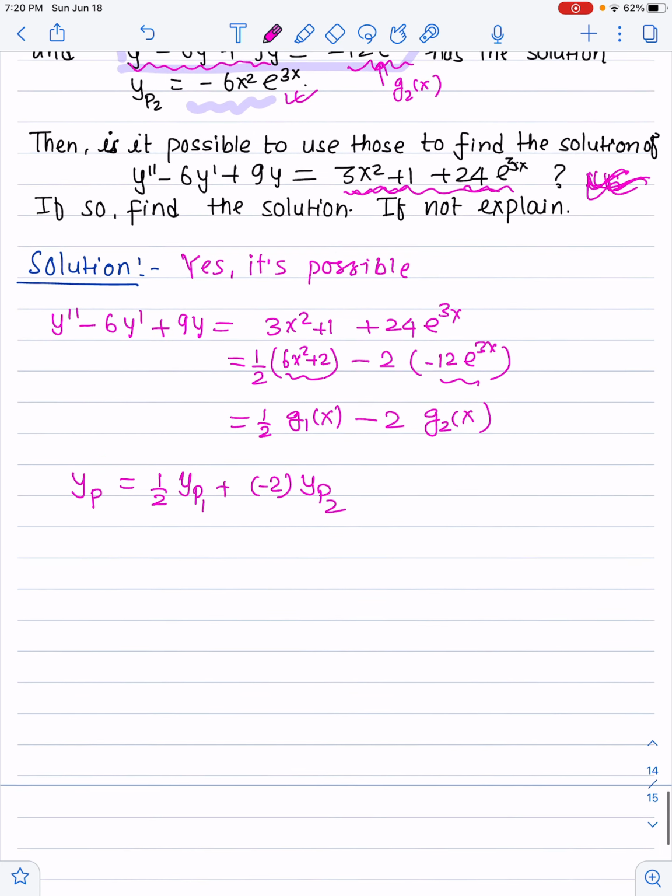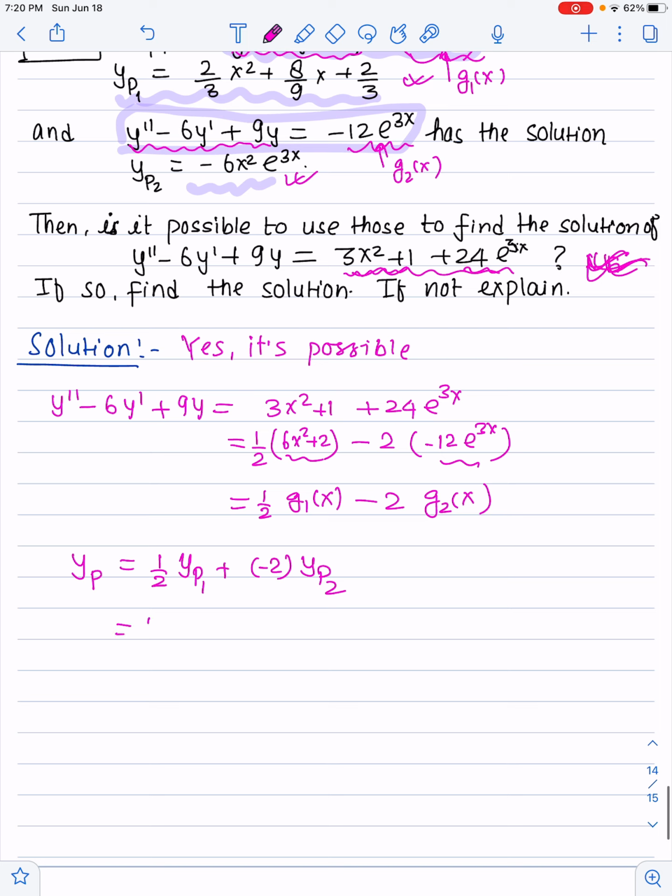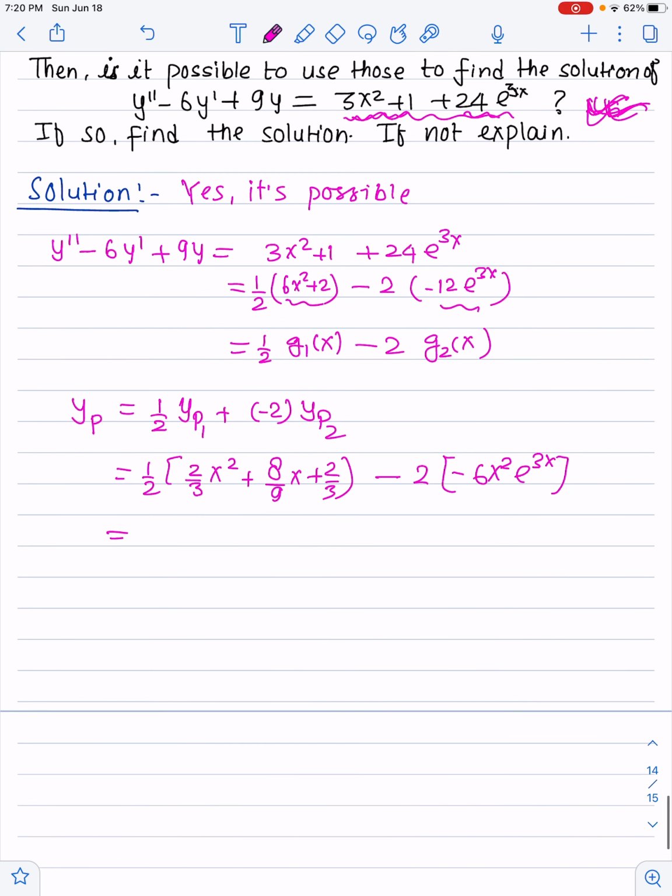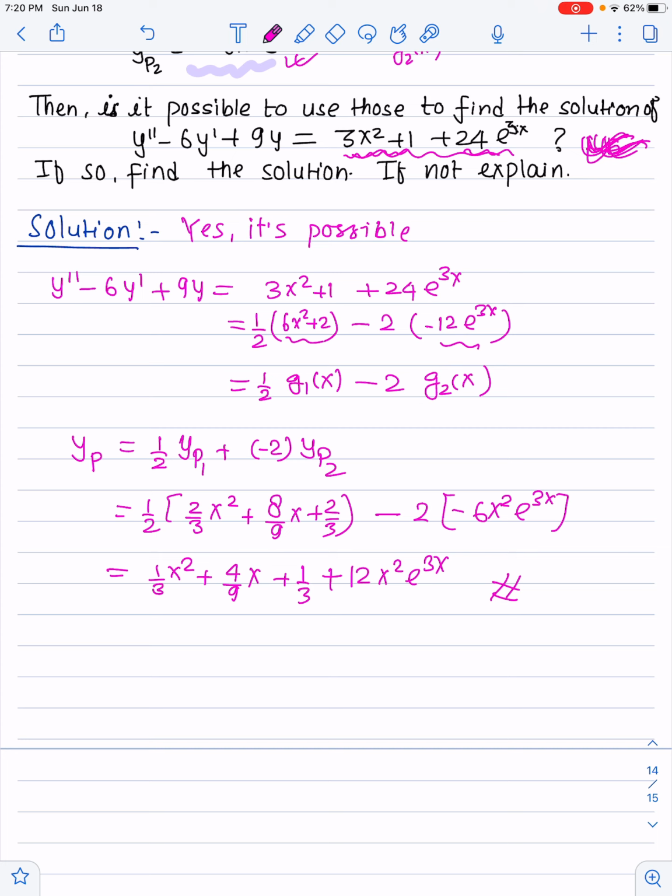So 1/2 times yp1 is 2/3 x squared plus 8/9 x plus 2/3, minus 2 times yp2, which is -6 x squared e^(3x). I can multiply this out and I get 1/3 x squared plus 4/9 x plus 1/3 plus 2 times 6 is 12 x squared e^(3x). So this is the particular solution of this non-homogeneous differential equation.